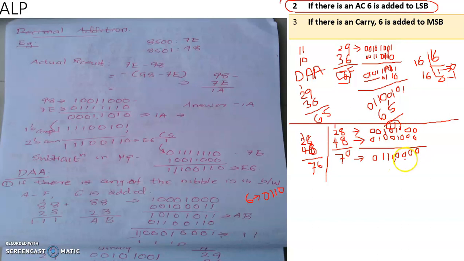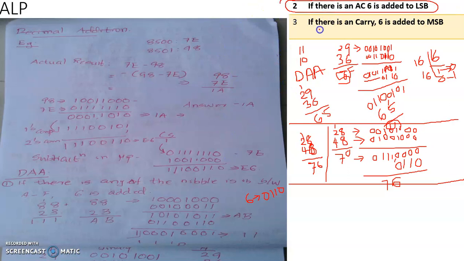Then 6 must be added to the LSB part of the result, and there is no question of anything being added to the MSB part, because there is no scope for the first rule as well as the second rule as far as the MSB part of the result is concerned. So the MSB will be 7 itself, and the LSB becomes 0110, that is 6. This is how the 76 decimal result is generated once you apply this second rule.